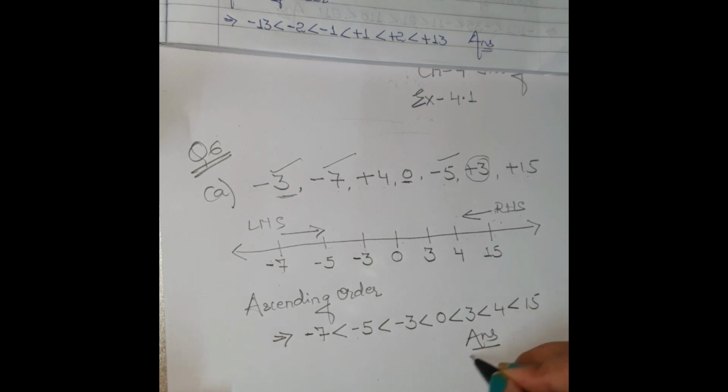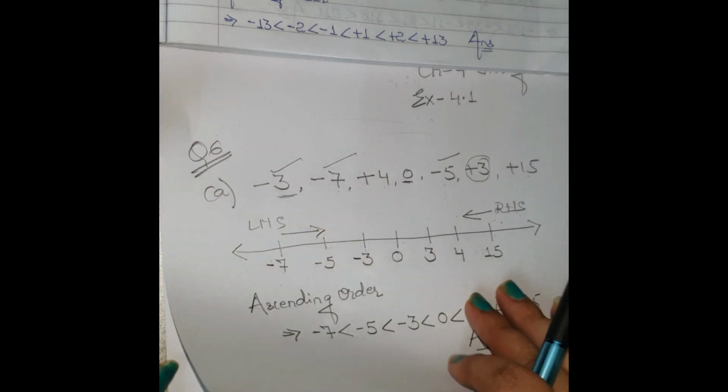So this is your answer. Like this you can arrange any set of numbers in ascending order. Simply firstly arrange it in number line, then it will be very much simple for you all, as you can see how easily I have done it. So just remember how to plot the given series in number line.